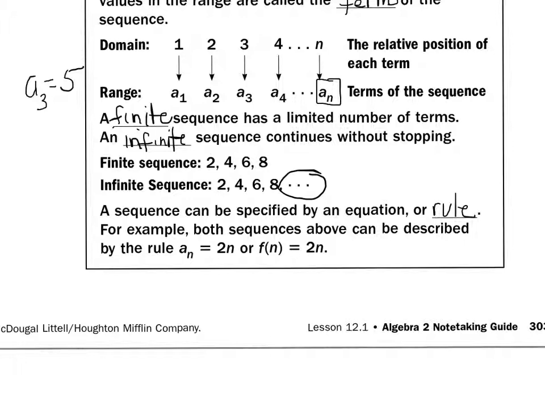So a sub n would be, you take whatever the n is, the position number, and multiply by 2. So if I want the third position of that, I'd say a sub 3 equals 2 times n, which is 3, or 6.